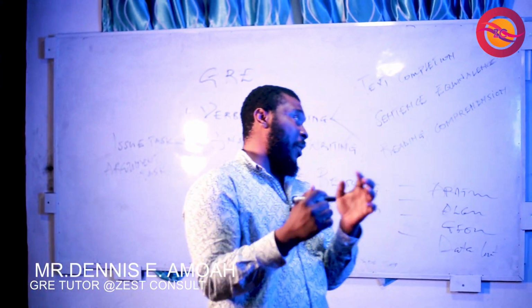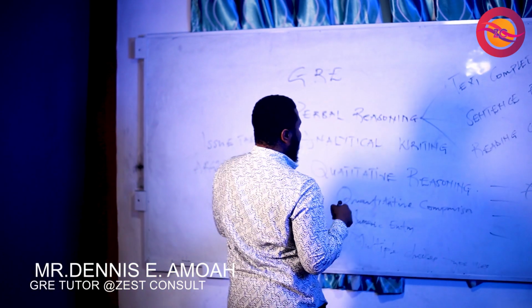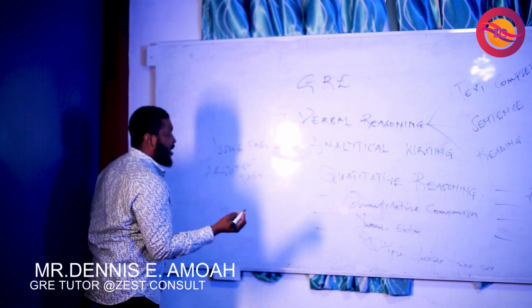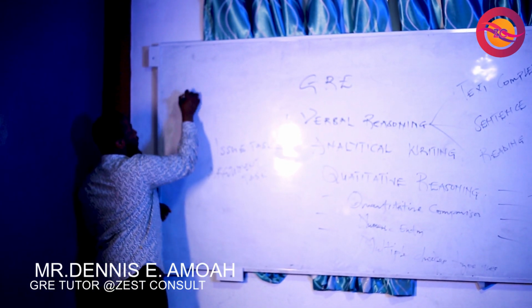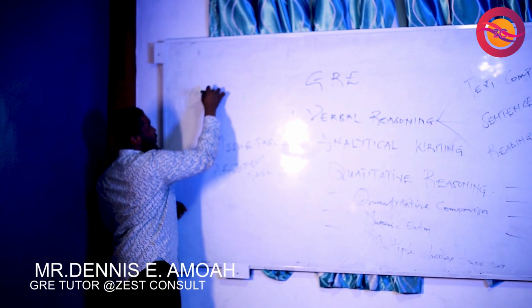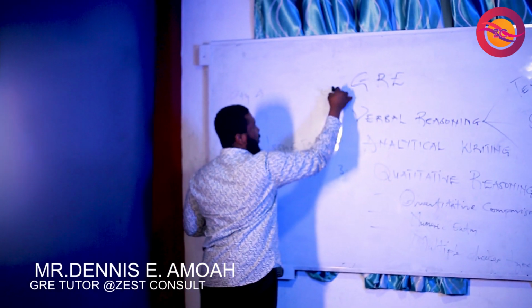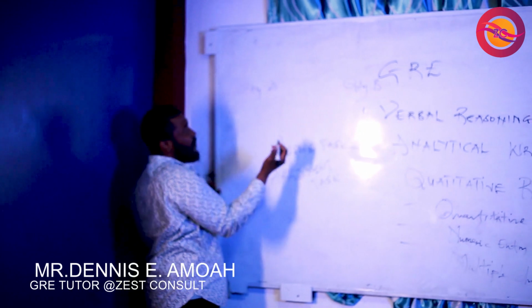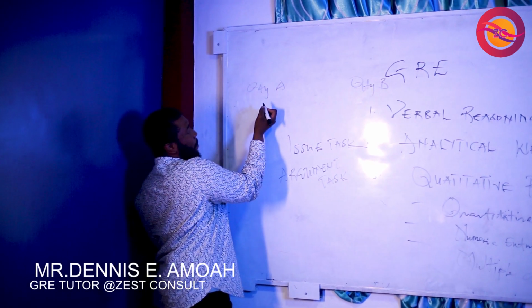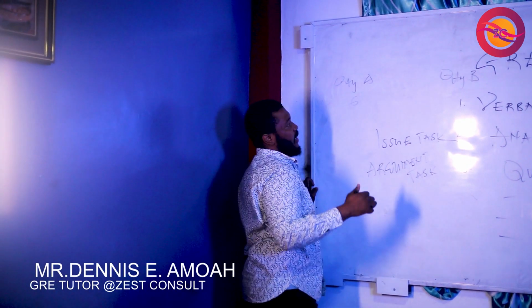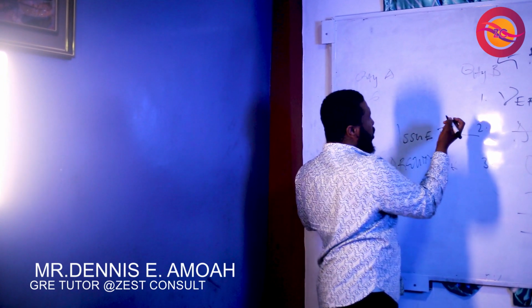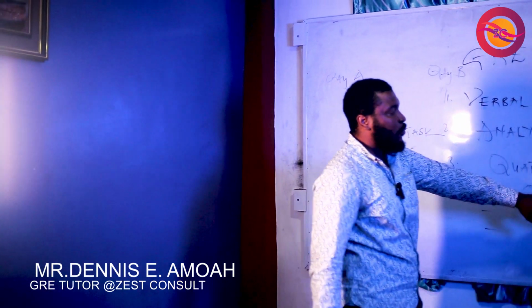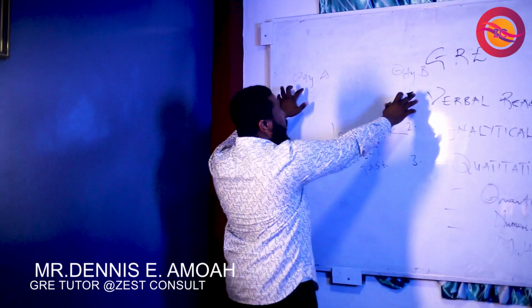For the quantitative comparison, a question like this can be given to you where you have quantity A and quantity B. Let us assume under quantity A we have the number 6, and under quantity B we have the number 4. We are comparing these two quantities.